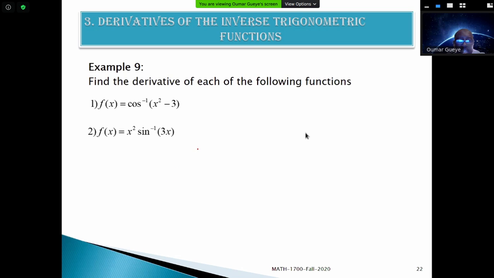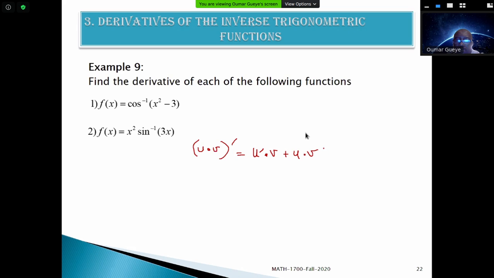Okay, the product rule says when you want to differentiate u times v, for example. In our example, u is equal to x squared and v is equal to sine inverse of 3x. And the product rule says the derivative of this product is equal to the derivative of the first factor, u dash, times v, plus u times the derivative of v.